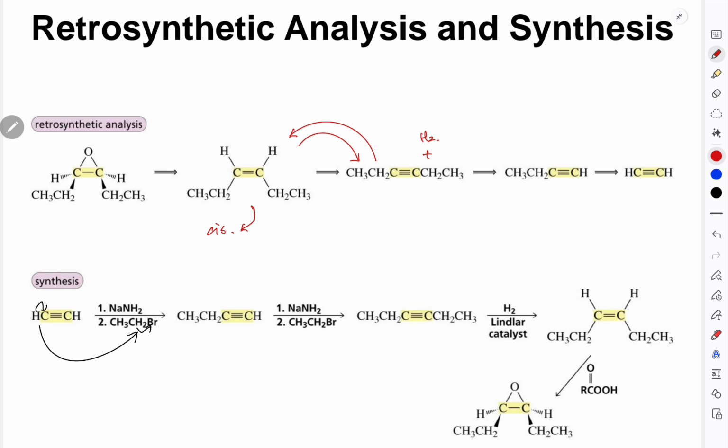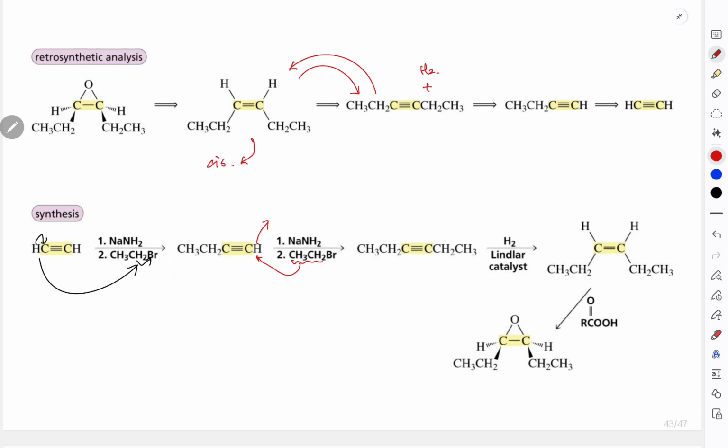So we can start with this simplest possible alkyne, and deprotonation and alkylation can form this, right? And one more step, right? Deprotonation and alkylation can give you this internal alkyne. And then hydrogenation using the Lindlar catalyst can give you the cis-selective alkene, and then mCPBA epoxidation will give you the final product. So this is how you can design the synthesis via retrosynthetic analysis and propose the full synthetic pathways.